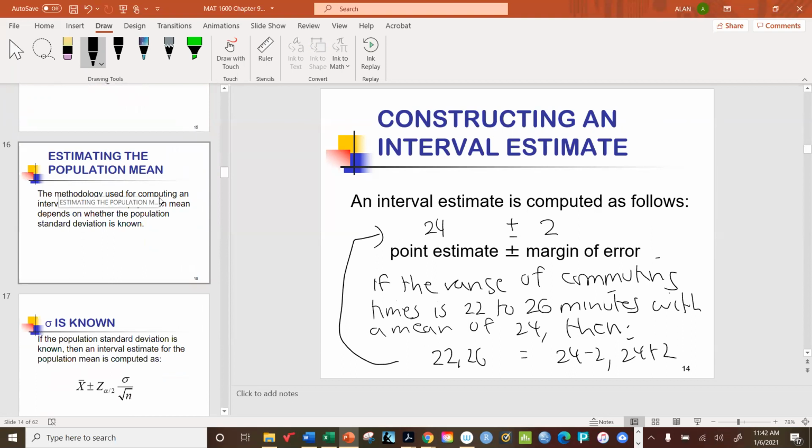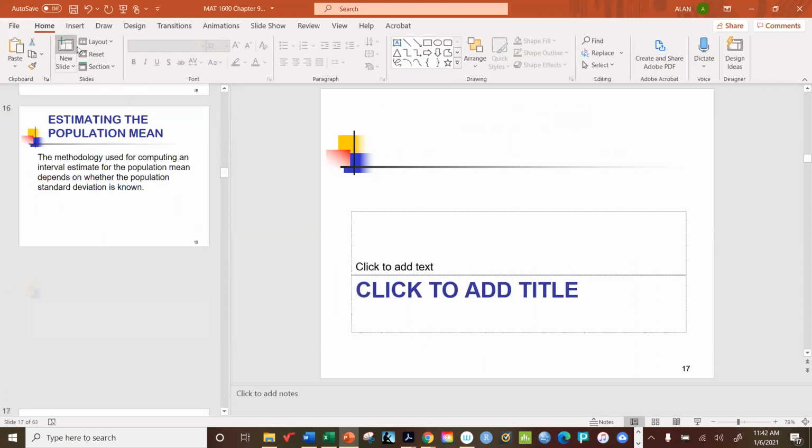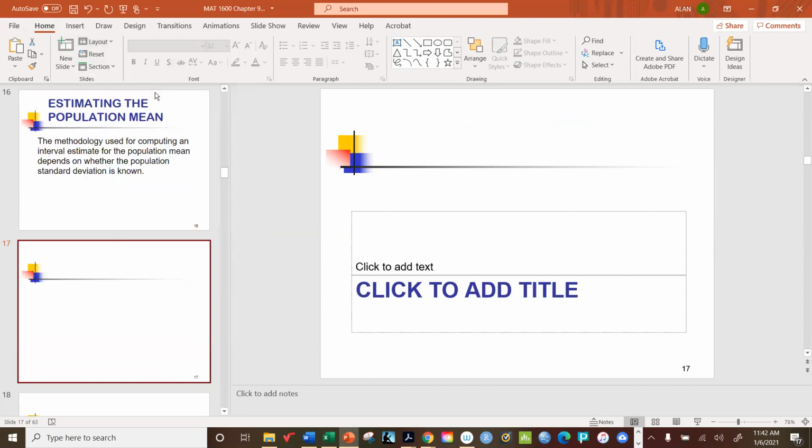All right, there are two approaches that we can take, and they depend on something.